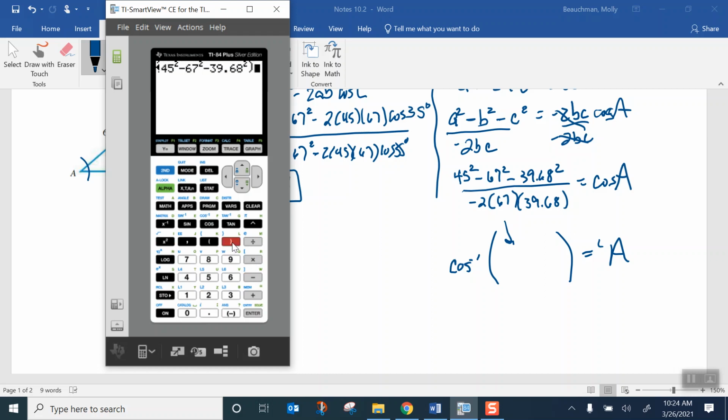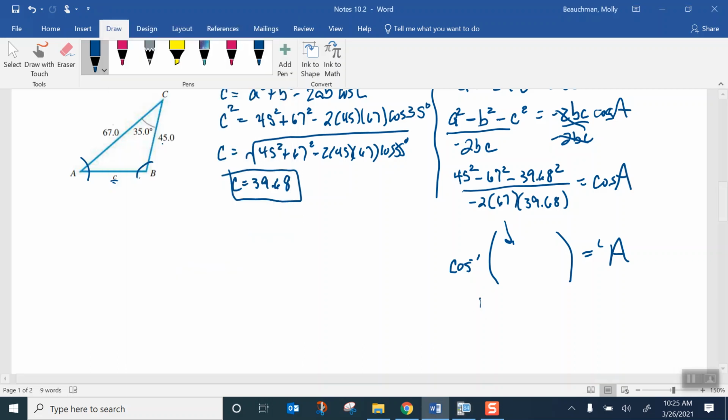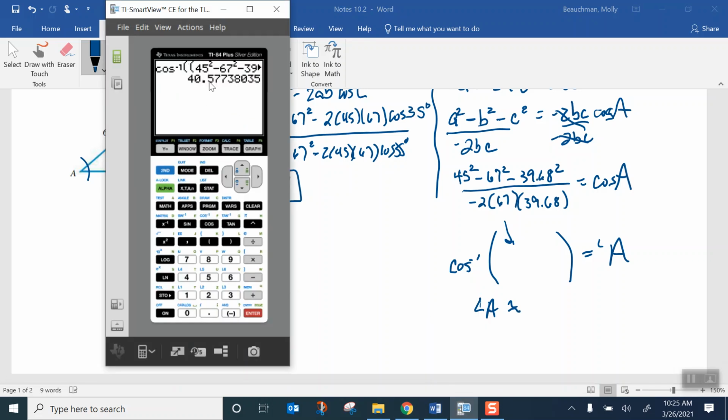That's the numerator, end parentheses, divided by, parentheses, negative 2 times 67 times 39.68, end parentheses for the fraction, end parentheses to find the inverse cosine. So if we do all of that at once, angle A is approximately 40.58 degrees.